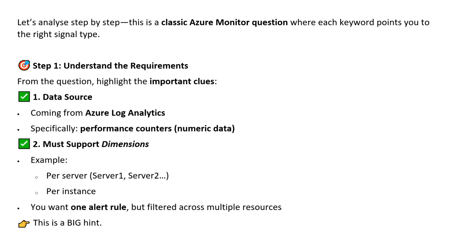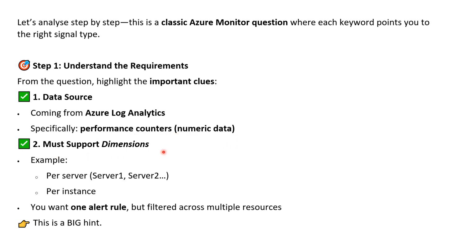Fine. So let's analyze step by step. Step one, we understand the requirement. From the question, highlight the important clues. Data source coming from Azure Log Analytics, specifically performance counters, that is numeric data.